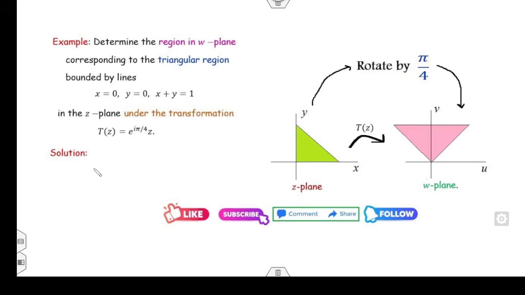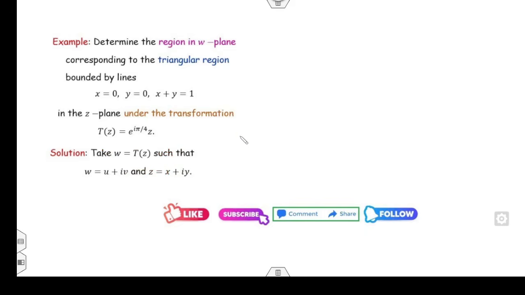Now how can you solve that? It's very simple. We can take W as u plus iota v such that W is equal to T of Z. And what is Z? Z is x plus iota y. So I can substitute the values. W is T of Z, which is equal to e raised to power iota pi by 4 of Z, and my target is to find the values of u and v.